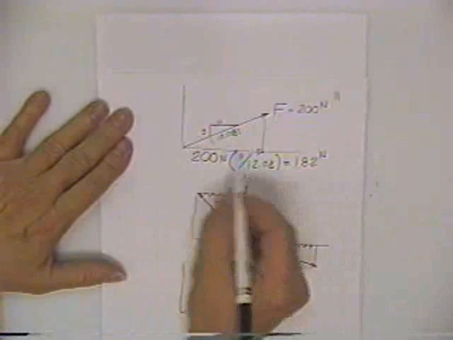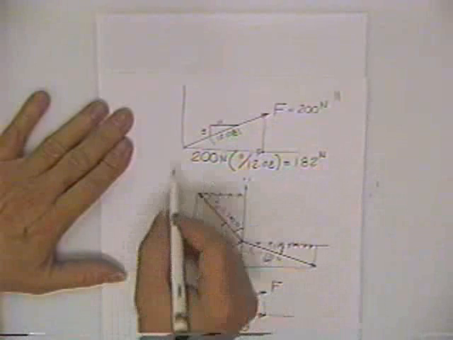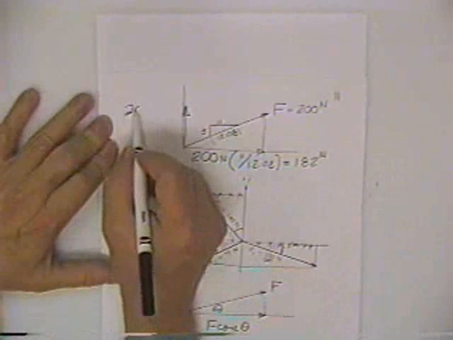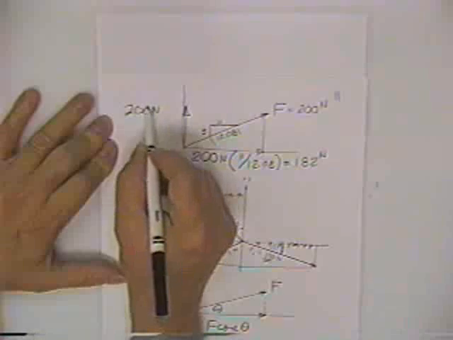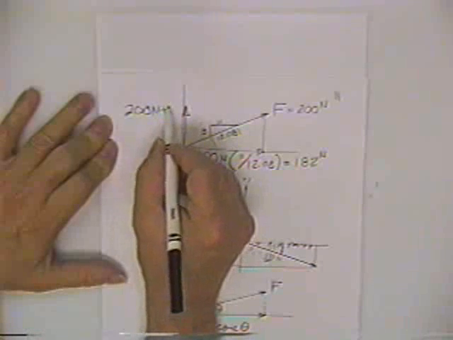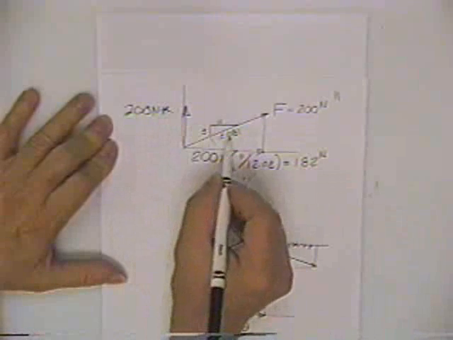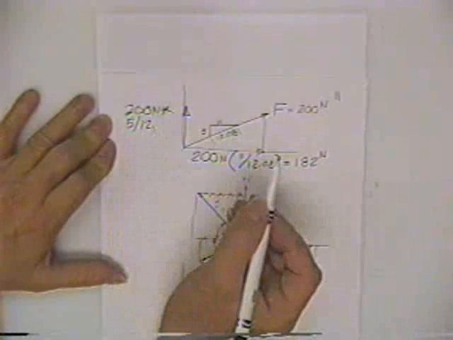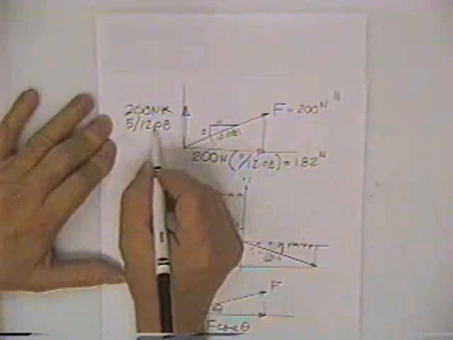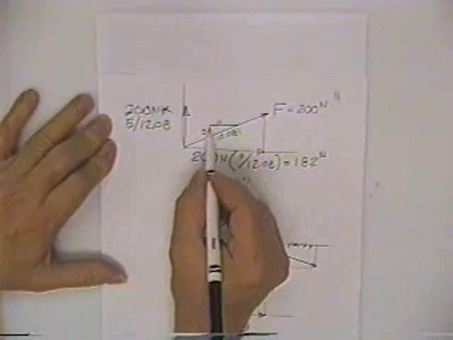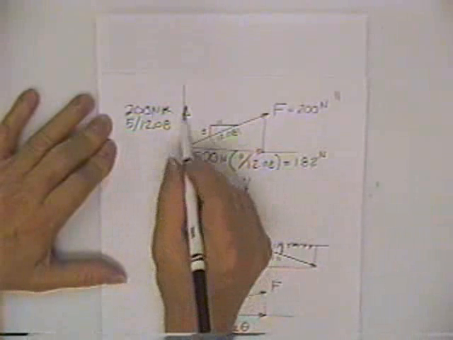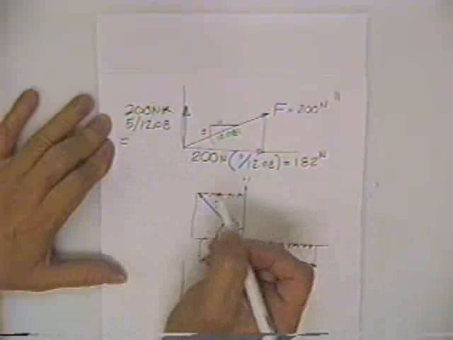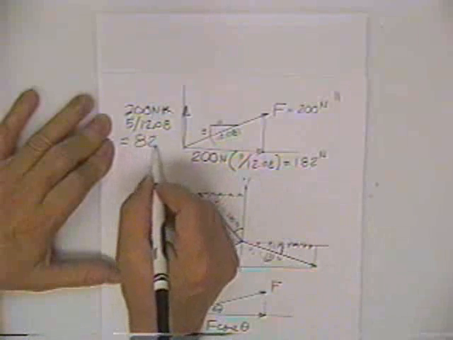If that one looks 200 long, that looks about 182. By the same token, this number should be 200 multiplied times 5 over 12.08, because 5 is the vertical side of the triangle, and you're looking for the vertical side of the components, which is equal to 82.8.